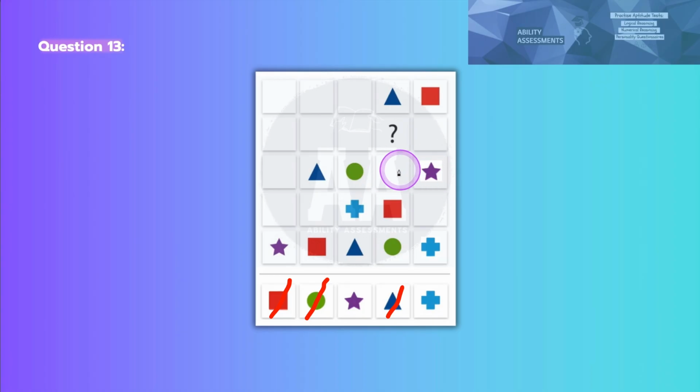This means that this can no longer be a star, which means it must be the other missing shape from this column, which is the cross. And now what we can do is eliminate the cross from the potential answers. And what does this leave us with? It leaves us with the star. And therefore, the answer for this puzzle or question is the star.